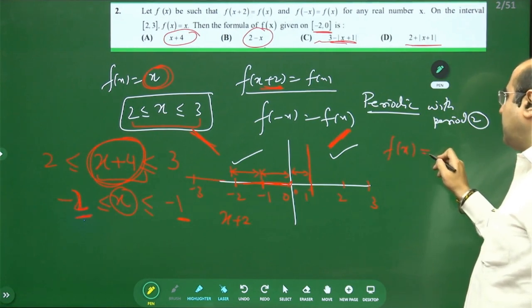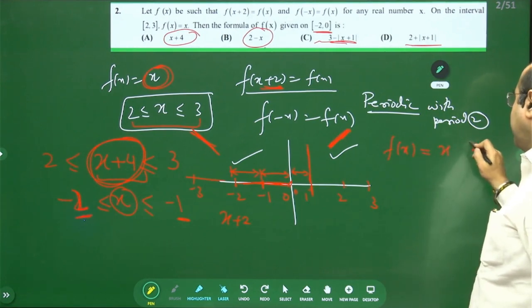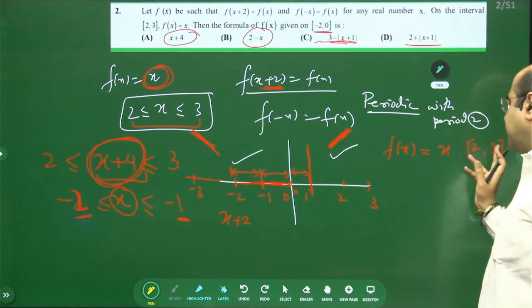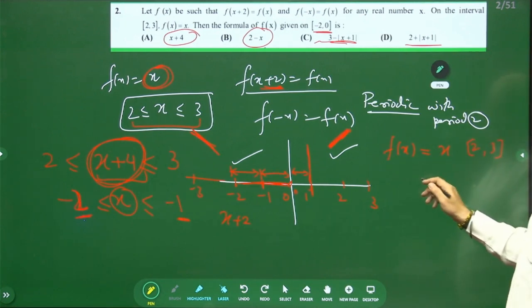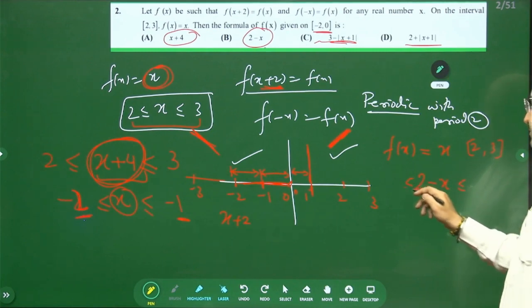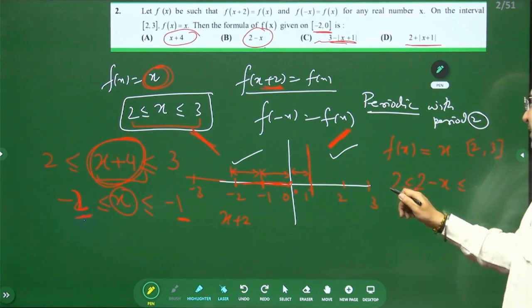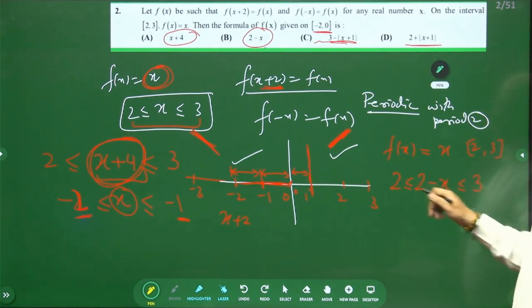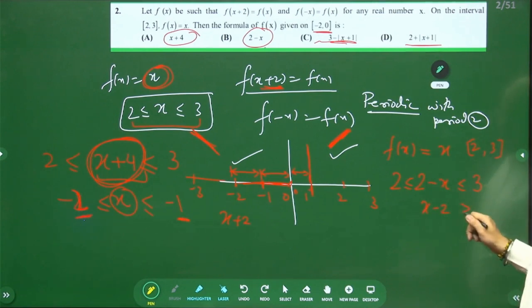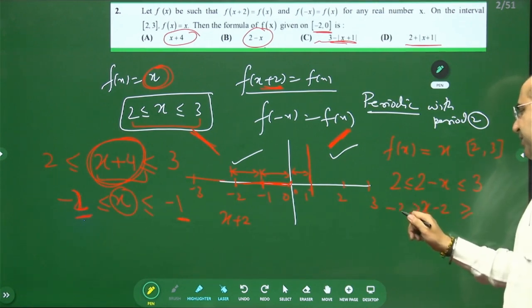f(x) is equal to x, which is in the interval 2 to 3, x should come. Instead of this, let us assume I'm taking 2 minus x and keeping it in 2 to 3. What should I get? X minus 2 lying between minus 3 to minus 2.